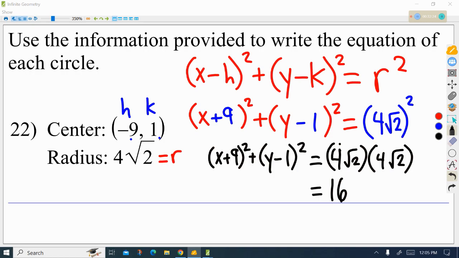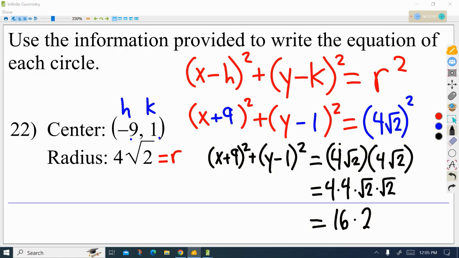And root 2 times root 2 is 2. So I might have already confused a couple people, right? One thing that we could do is rearrange these values. Yeah? We could see that this is 4 times 4 times root 2 times root 2. Okay, and then you guys got to know, okay, 4 times 4 is 16, and root 2 times root 2 is 2. So I'm hoping you guys can see how I got what just happened.